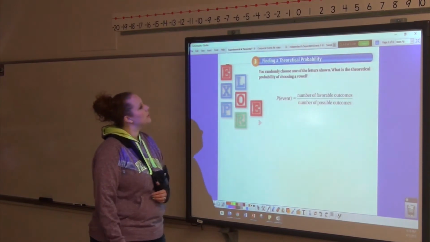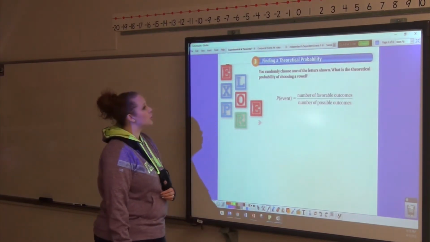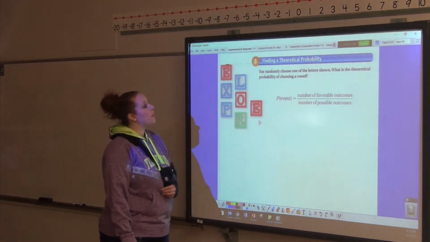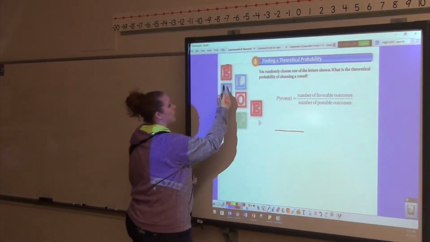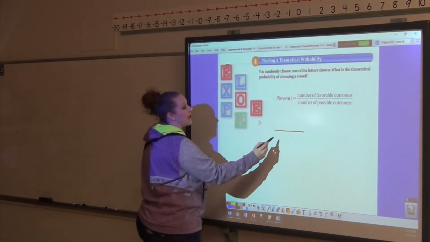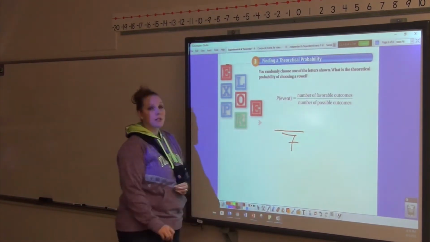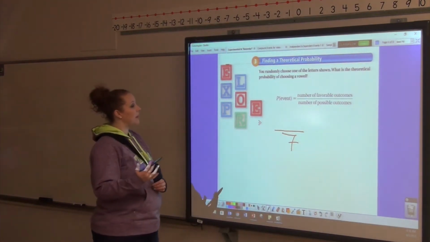You randomly choose one of the letters shown. What is the theoretical probability of choosing a vowel? I have 7 possible outcomes.